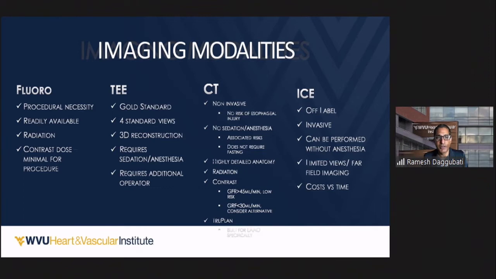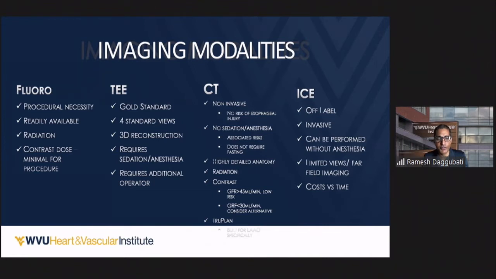And obviously, the advantage: no sedation, no anesthesia, highly detailed anatomy. You can actually find some small leaks and some complications. Yesterday we detected a fistula between the pulmonary vein and left atrial appendage on CT. That is very rare, and probably it will be written up and reported, but you can see sometimes what we don't want to see as well.